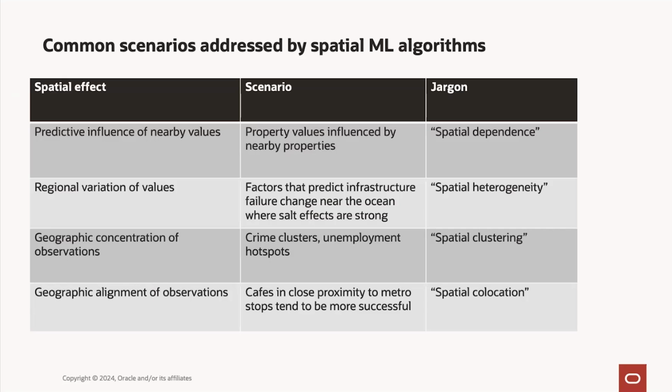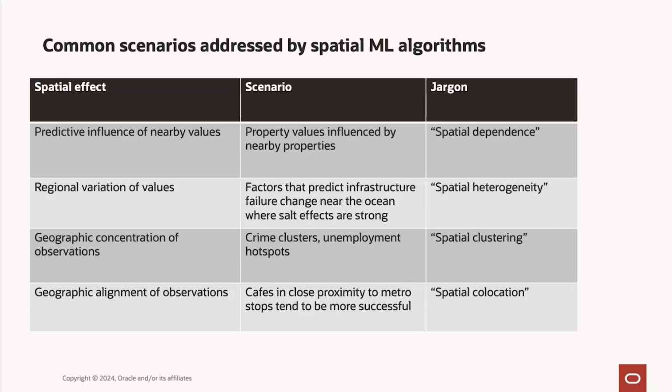Really the point of having these capabilities in OML4Py is so that when there are scenarios where there's data that exhibit the kinds of behavior that we are well suited to address, then we're a great fit. There are plenty of machine learning scenarios that aren't necessarily geospatial in nature, but lots and lots of them are, including many that people wouldn't necessarily think of as being geospatial at the outset. And so these 4 broad categories that we are well positioned to address, and these aren't the only ones, but these are the main ones.